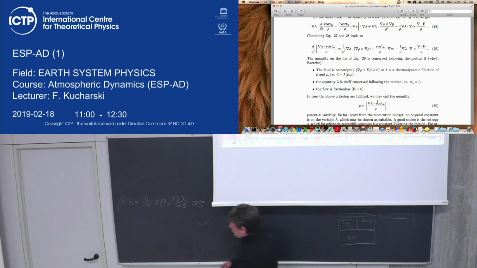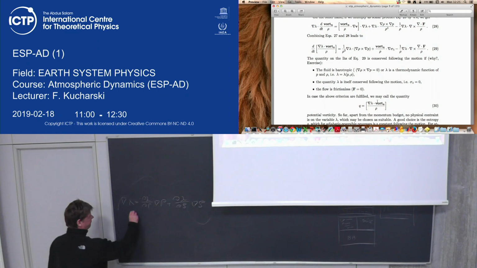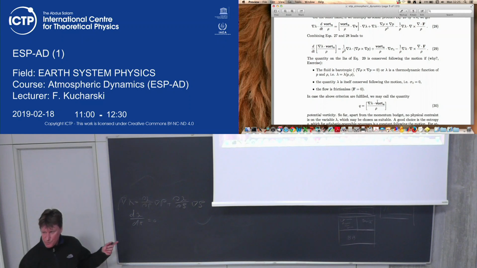So, for this to be valid, we have an interesting choice, because we could choose lambda to be the entropy. The entropy is increasing in a closed system, so the entropy is not a conserved quantity. But for many of our applications for large-scale flow, it's a good assumption to assume that the entropy of the flow following the motion is conserved.